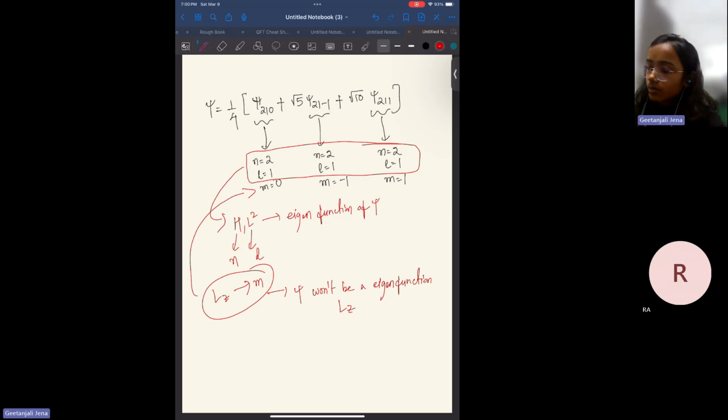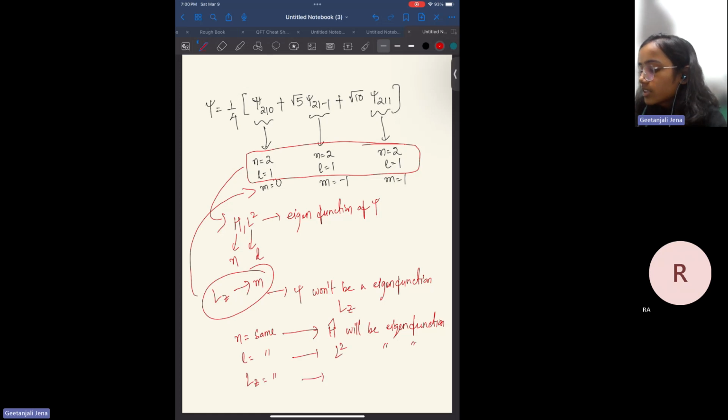If n is the same for all the superposed states, that means H will be an eigenfunction. If l is the same, that means L square will be an eigenfunction. If m is the same, that means Lz will be an eigenfunction. In this way, you can check whether the state is an eigenfunction of operator H, L square or Lz.